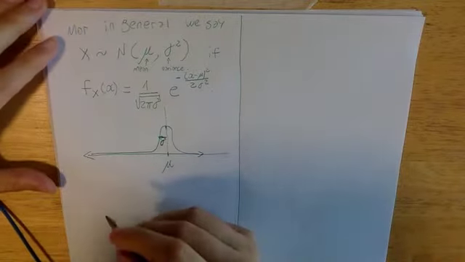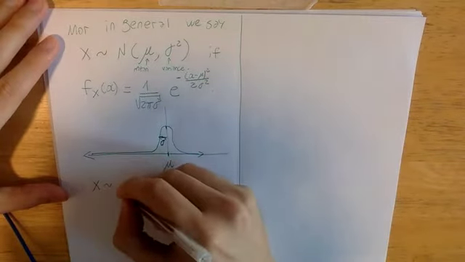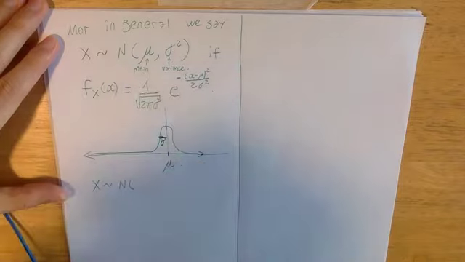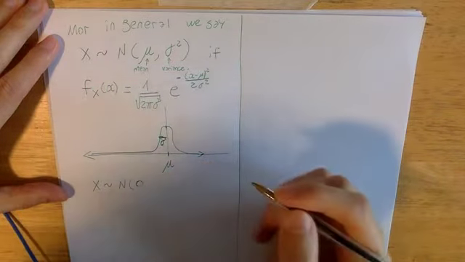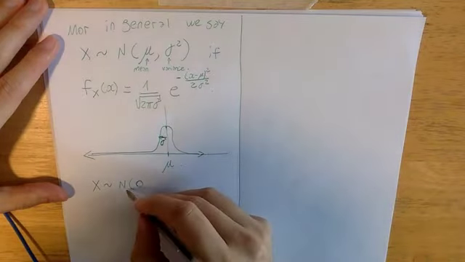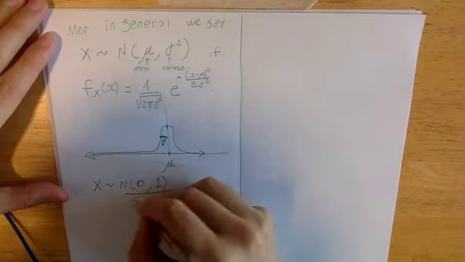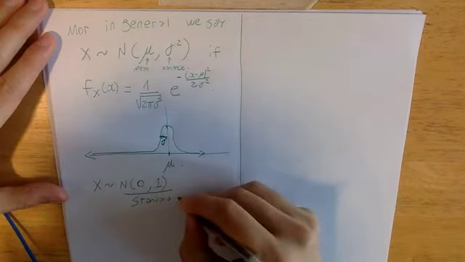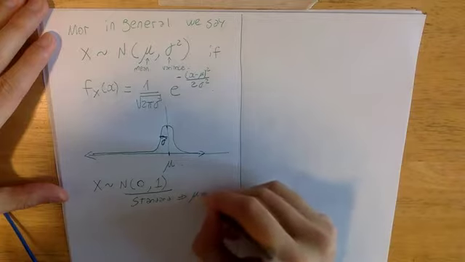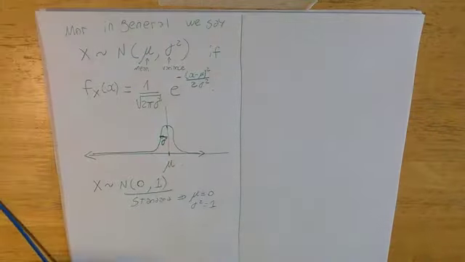Let's say that x is normally distributed with a standard normal distribution, which means mu is equal to 0 and sigma squared is equal to 1. So this is the standard choice.